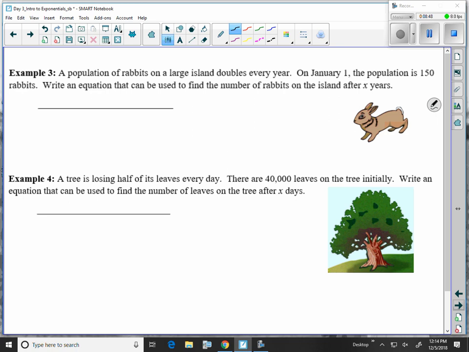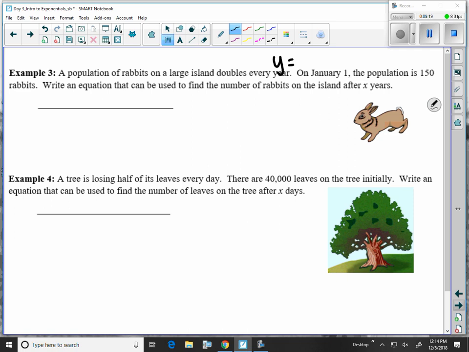A population of rabbits is on a large island, and it's doubling every year. Friends, if something doubles, what are you multiplying it by? 2. Can we agree that that's our rate? Yes, we can. It says on January 1, the population is 150. So I want you to think about what we just talked about.